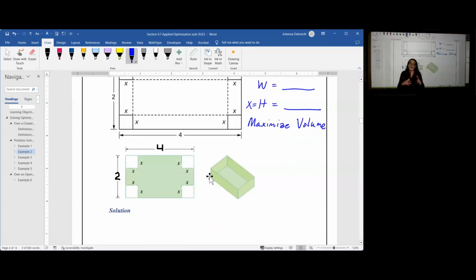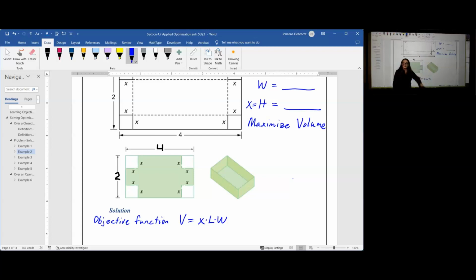In this case, I need to relate the volume to the length, the width, and the height X. My objective function is volume equals X times L times W. Now I know I need to replace 2 of the 3 independent variables using some kind of constraint.